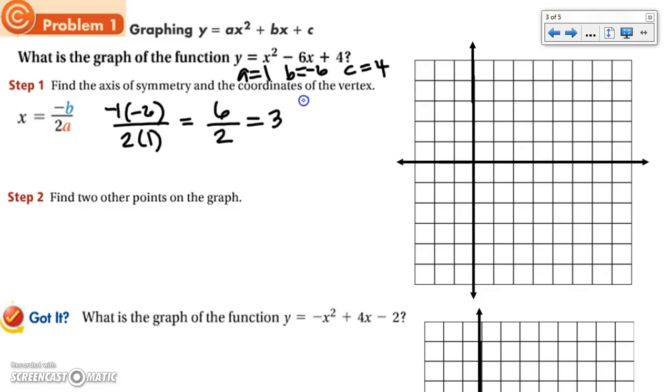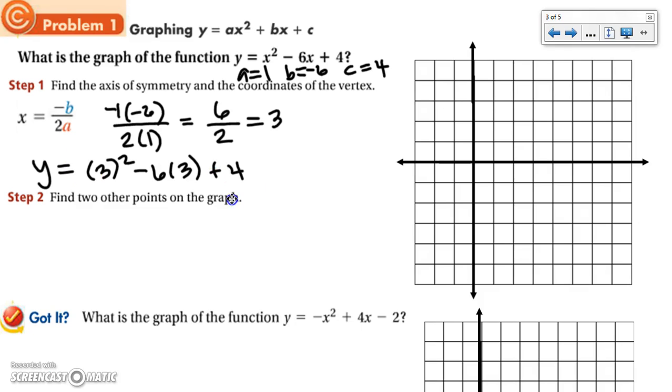But notice coordinates, they are a point. So I don't only need x, I need y as well. So I will take this x value of 3 and plug it back into my original equation to find y. So in this equation up here, now I'm going to plug in a 3 every time there's an x. So 3 squared minus 6 times 3 plus 4.